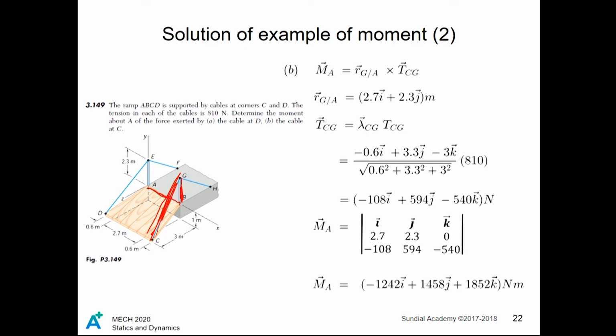So AB and BG. We reduce cable GC into a unit vector direction and multiply it with the tension magnitude to find force GC, pulling away from the radius GA. Now we form our determinant with the radius vector in the middle row and the force vector in the bottom row. We solve this determinant and get our answer as shown here. It's just a little bit harder than the first part of the problem.